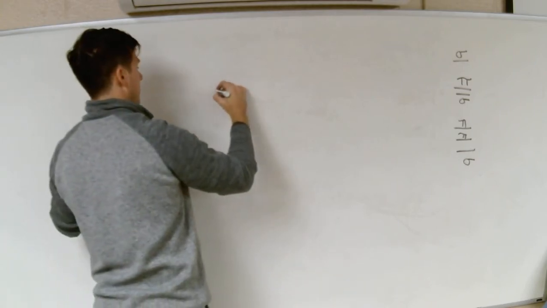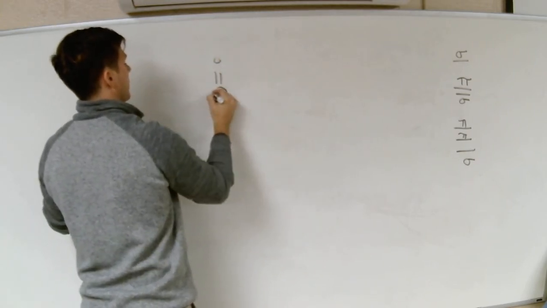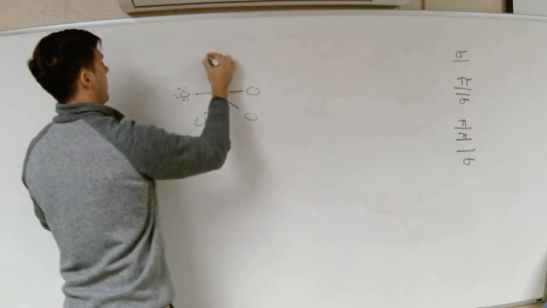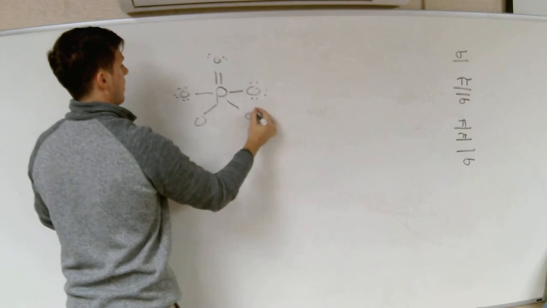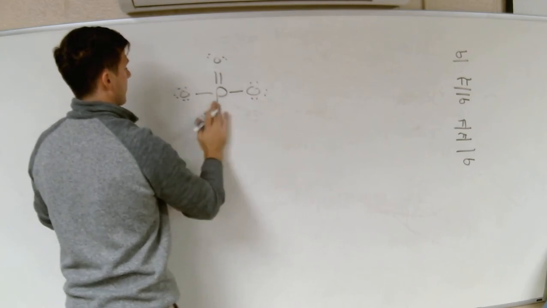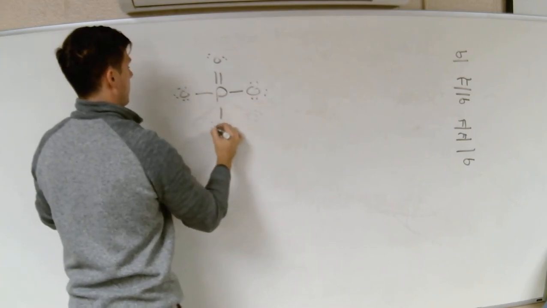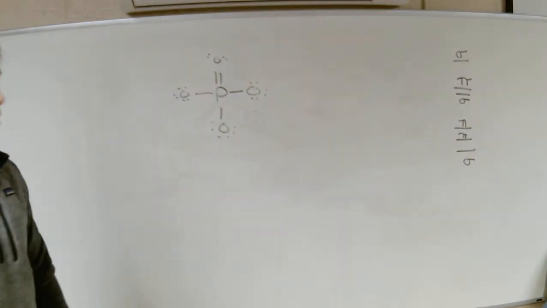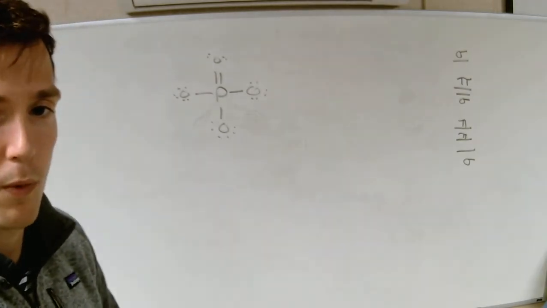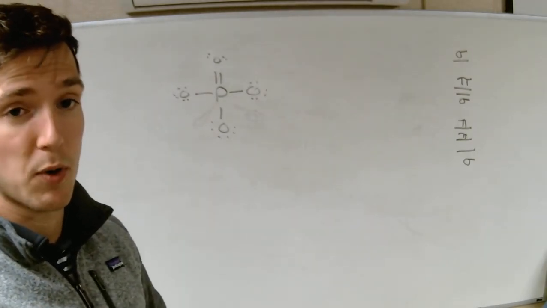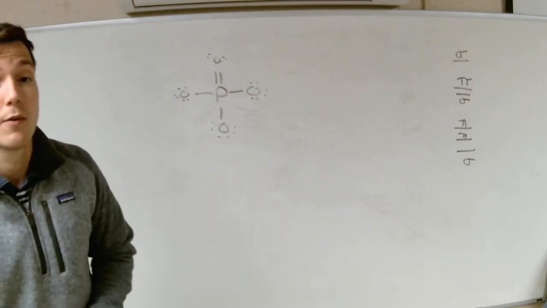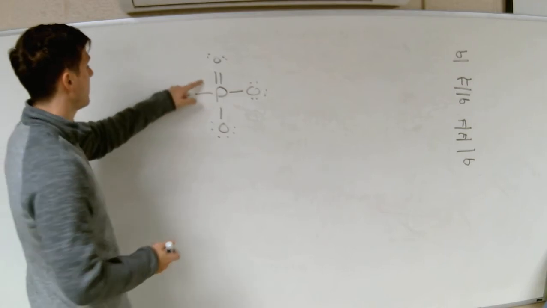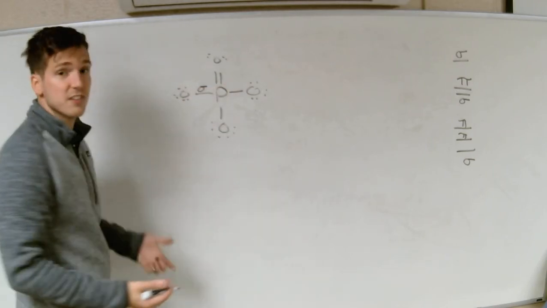Let's go with something like this guy. I don't know why I put 4 there. You'll only see 5. If that. Or 4 if that. So what I want you to do is state or label all the sigma and the pi bonds, okay? Remember, any first bond in a domain is a sigma. So in this domain, that single bond is just a sigma.